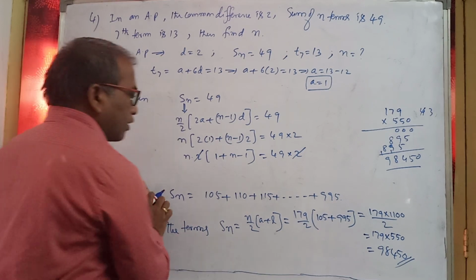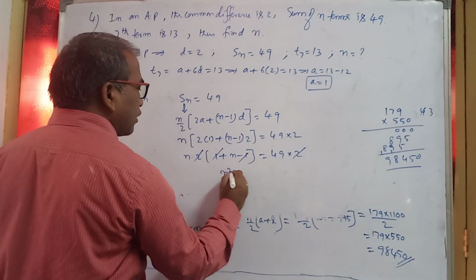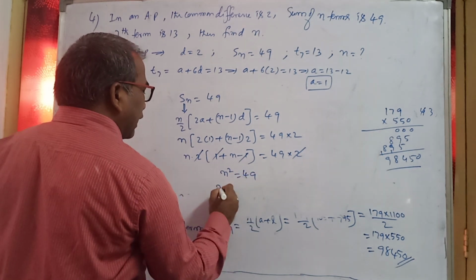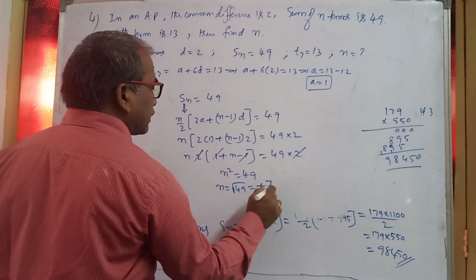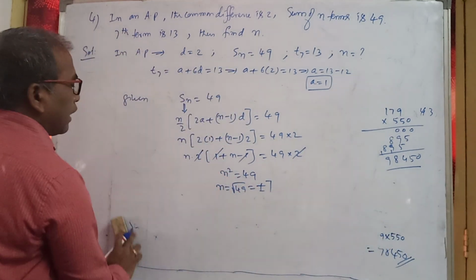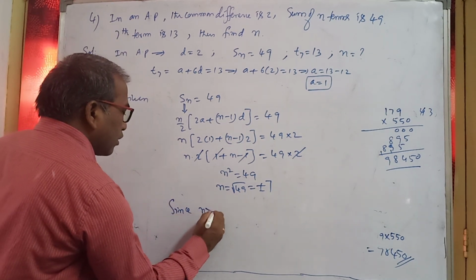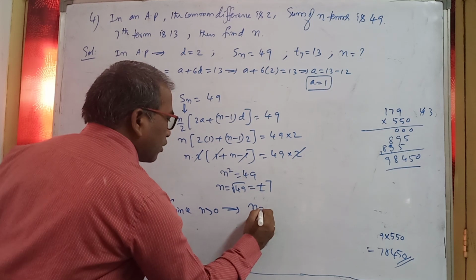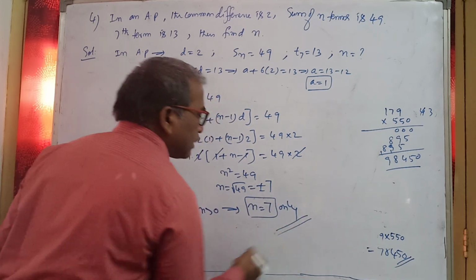The 2 cancels. Inside, the 1 cancels. n into n, n square, is equal to 49. n is equal to root of 49, plus or minus 7. But n must be positive because it is the number of terms. So since n is greater than 0, n is equal to 7 only. So this is our answer.